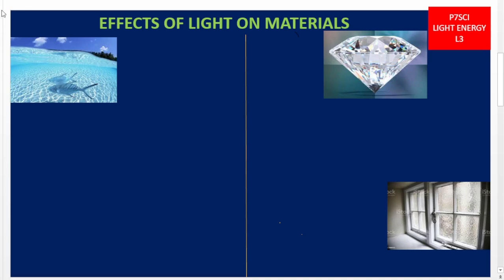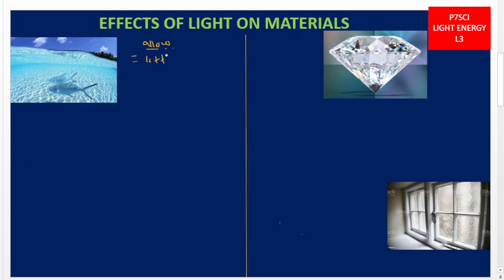Now at this juncture, we are going to look at the effects of light on materials. Remember, these materials are going to be classified according to their effect on light. Which effect do they have on light? Some materials can allow all light to pass through them.